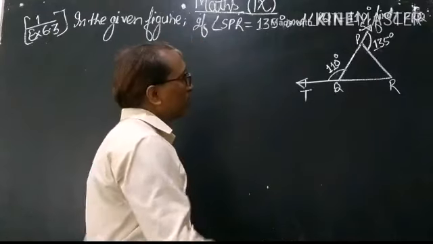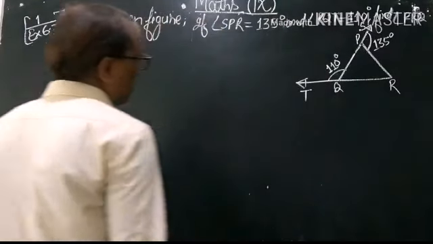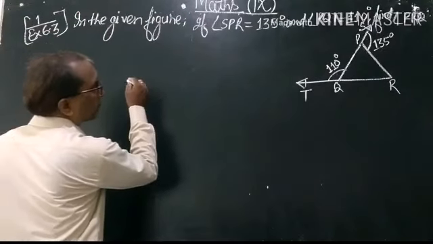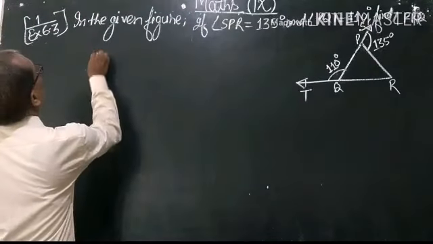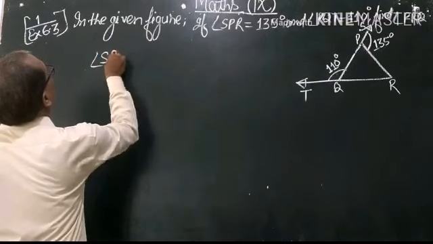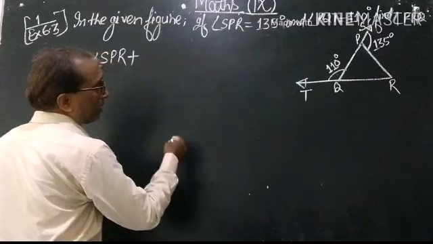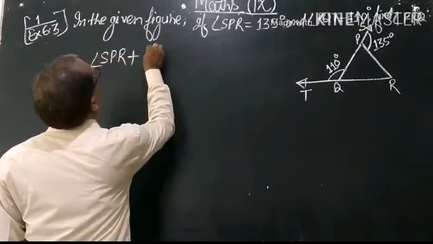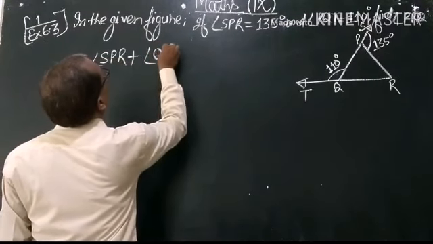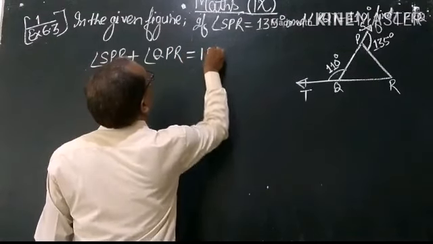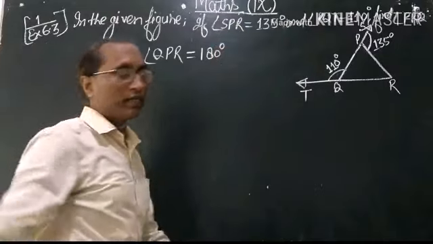Then we are going to write angle SPR plus angle QPR is equal to 180 degrees.